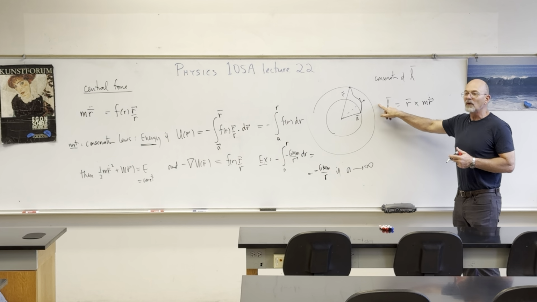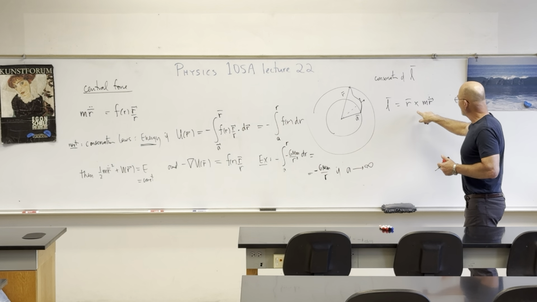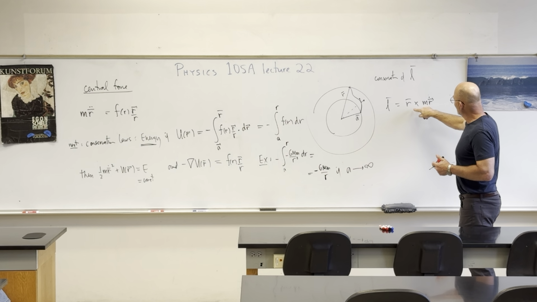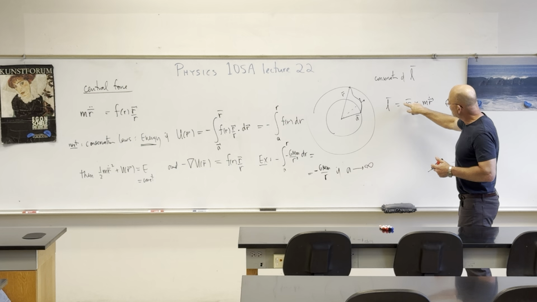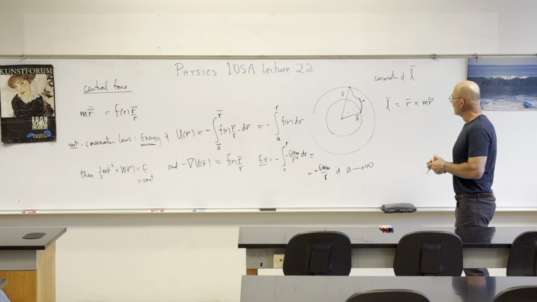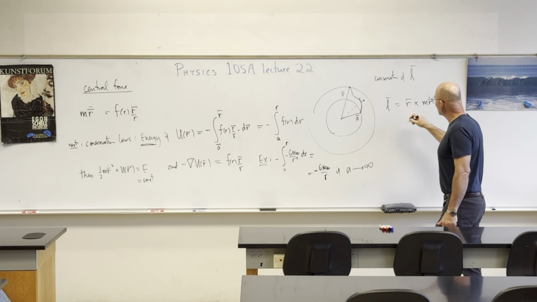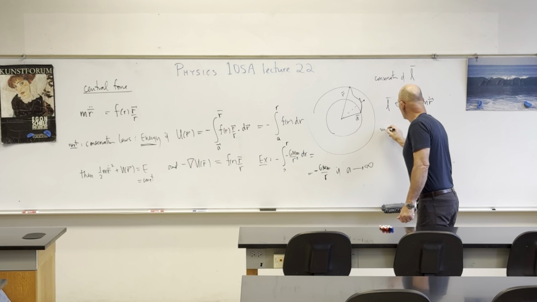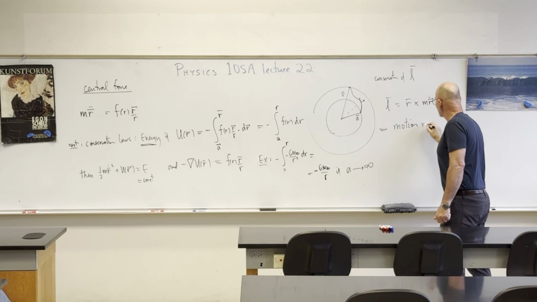This one is always perpendicular to both of them, right? And that's why these two vectors always span a plane, right? And that plane is always perpendicular to the same vector. And so that tells us that motion is restricted to a plane.